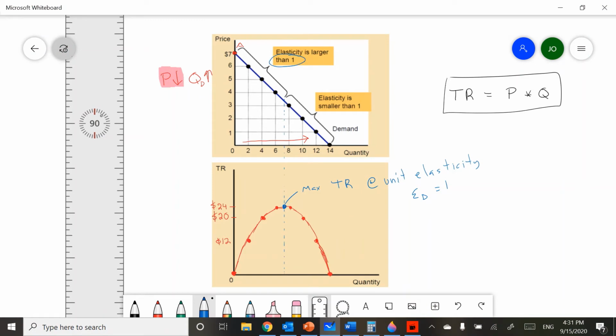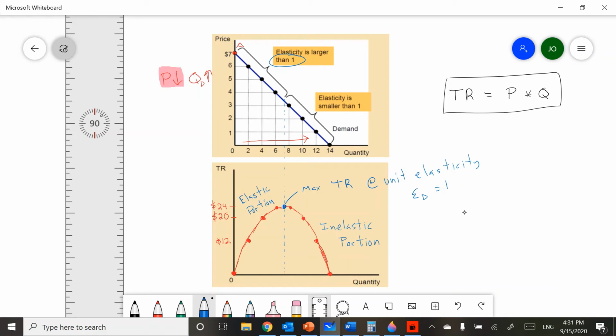So basically, that means that this is the elastic portion. And on the right side of the graph, this is the inelastic portion. What does this all mean? Let's put all the concepts together.